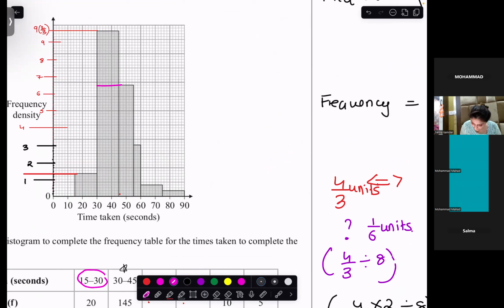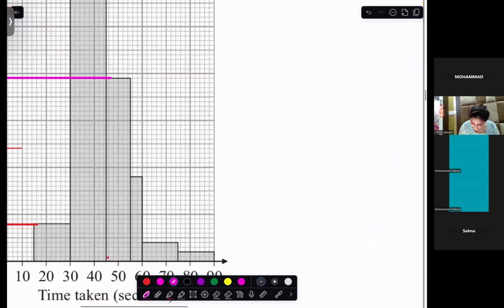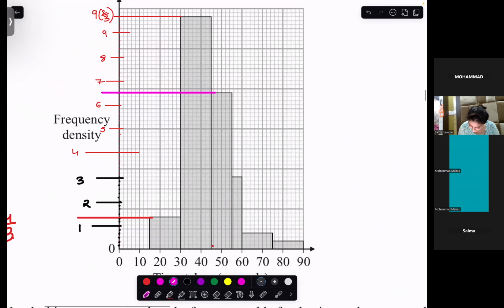So this box is over here. So it would be 6 and what? 1, 2, 3. So I see this is between 6 and 7. If you see properly, it is between 6 and 7.